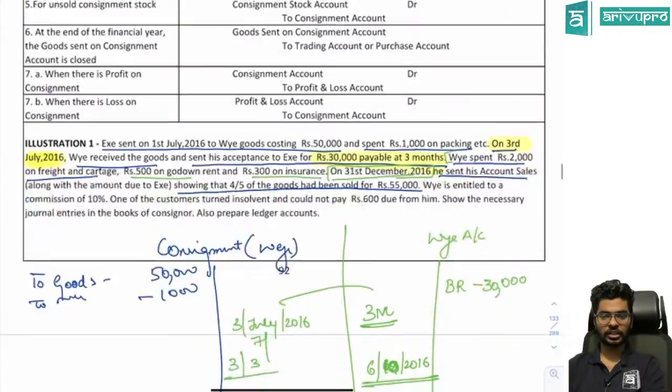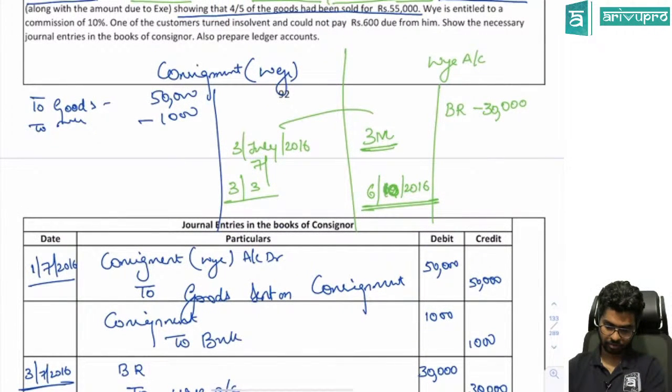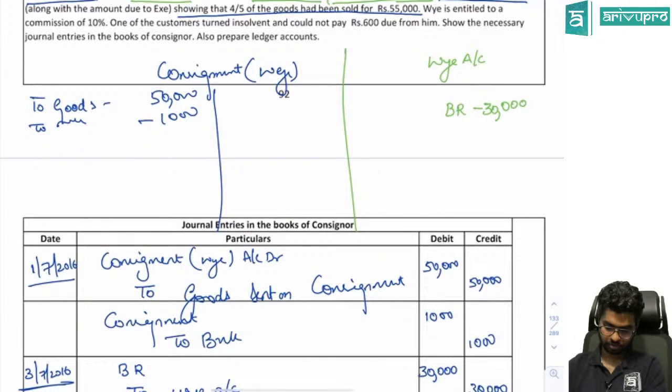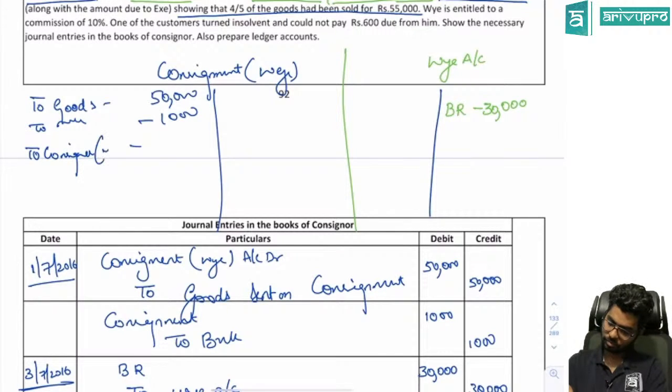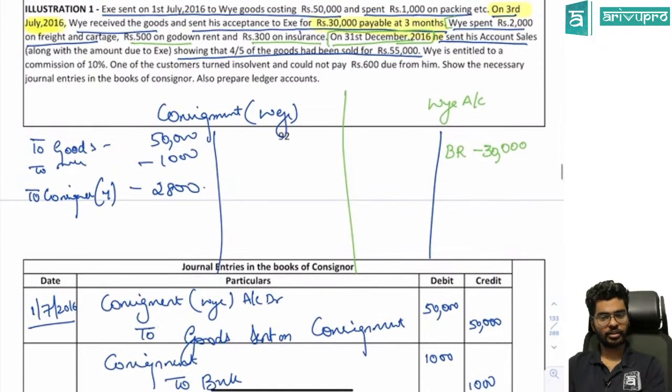Guys, what is the journal entry for sales? What is the journal entry for sales made?